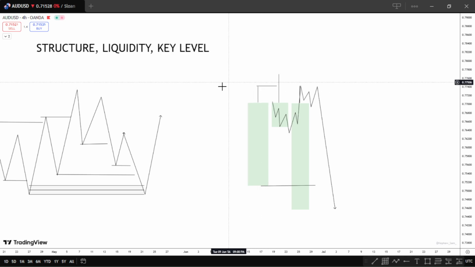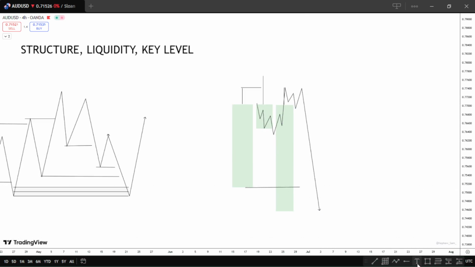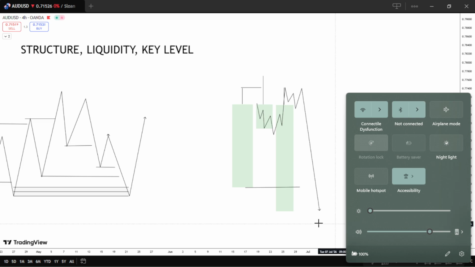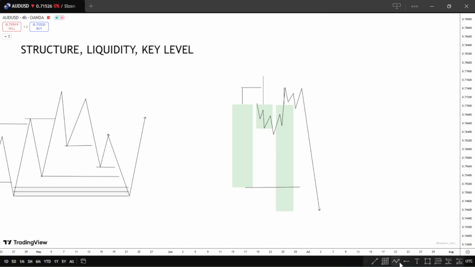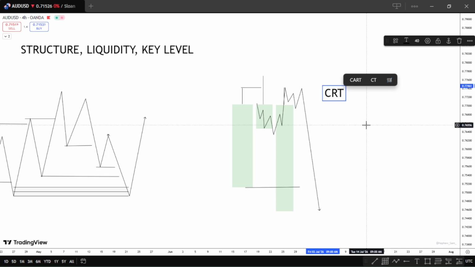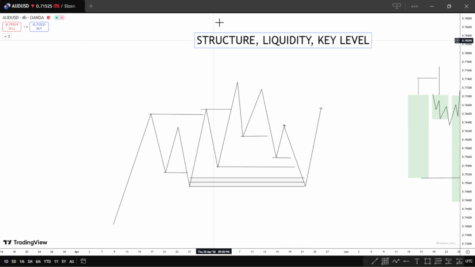So that is on CRT, which is candle range theory. Now, to the big fish, the main thing we want to discuss: structural liquidity key level, SLK.